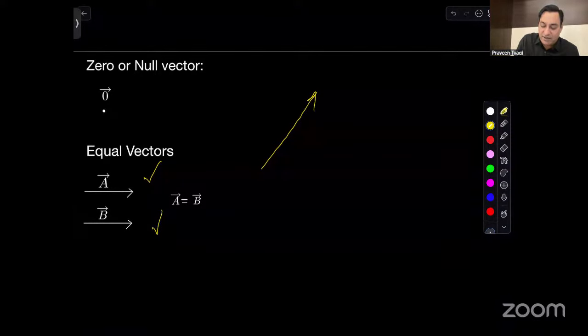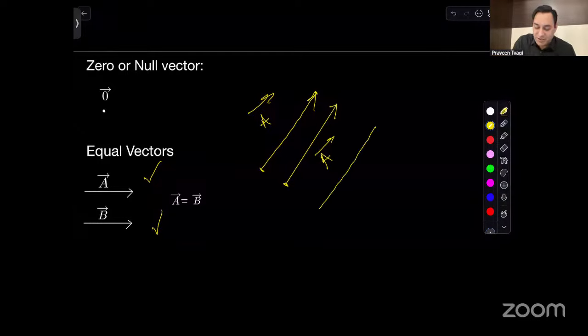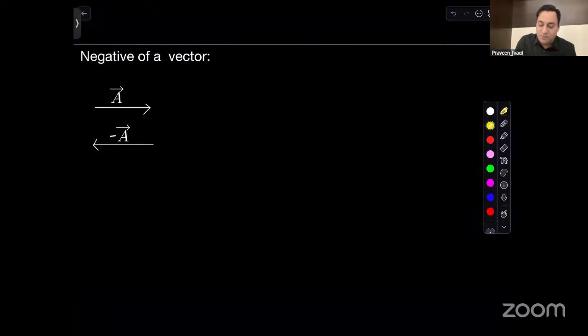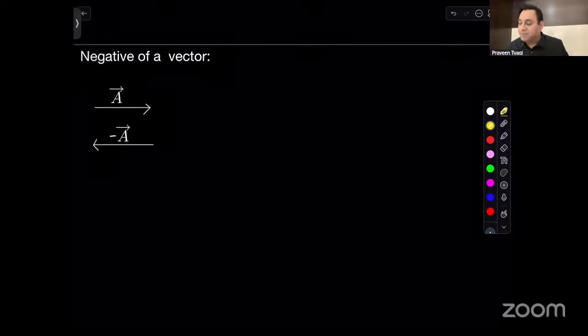Suppose this is vector A, and I have another vector of the same length and same direction, then this vector will also be A. If I have a vector in the opposite direction, it'll be minus A. The moment you multiply a vector by minus, the direction becomes opposite, the magnitude remains the same.